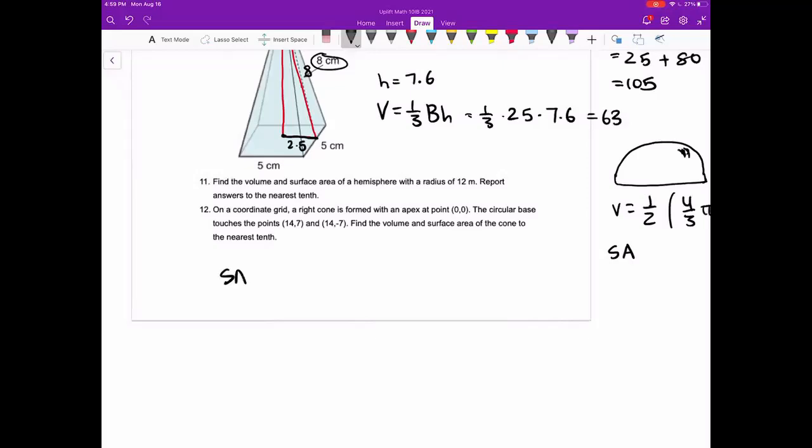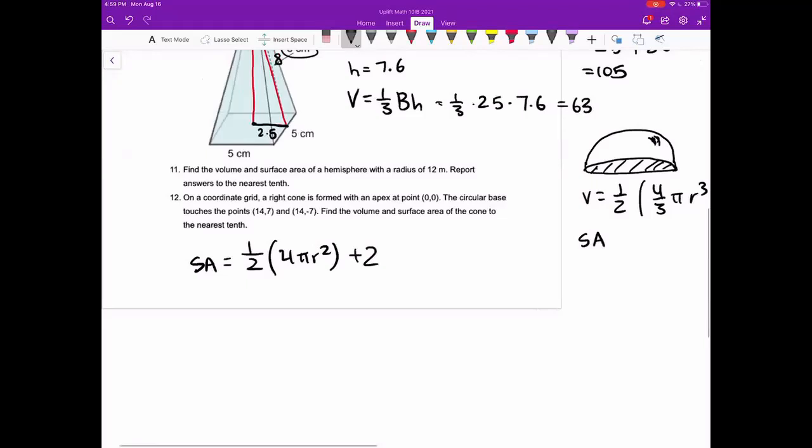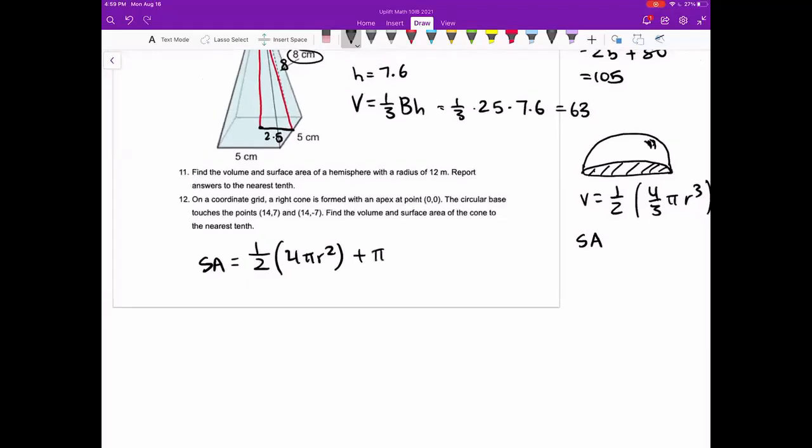So it's going to be a little different. We have half the surface area of the sphere, but we also have a new surface from the cut, which is just a circle, a cross-sectional area. So we can't forget about that.